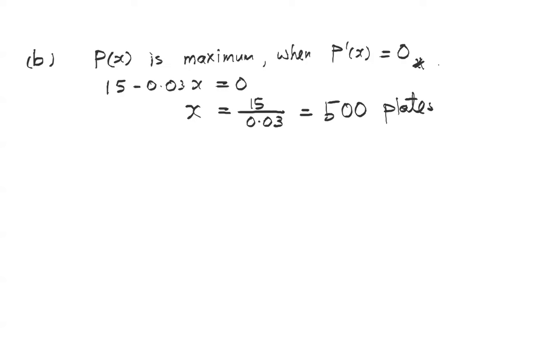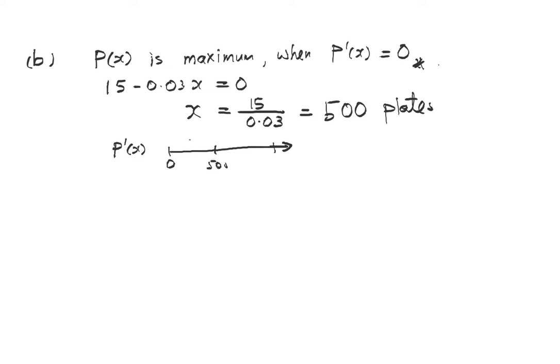So I still have to put the sign diagram of P'(x). So what is the margin for x? Lowest value for x definitely is 0, correct? So what is the highest value? It can be anything here. Because, okay, so here is your 500.